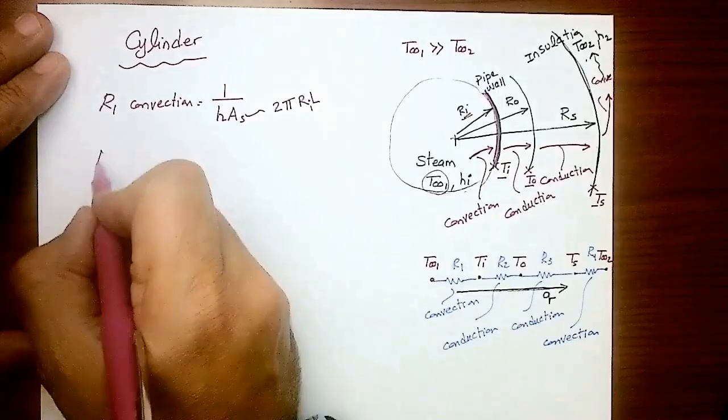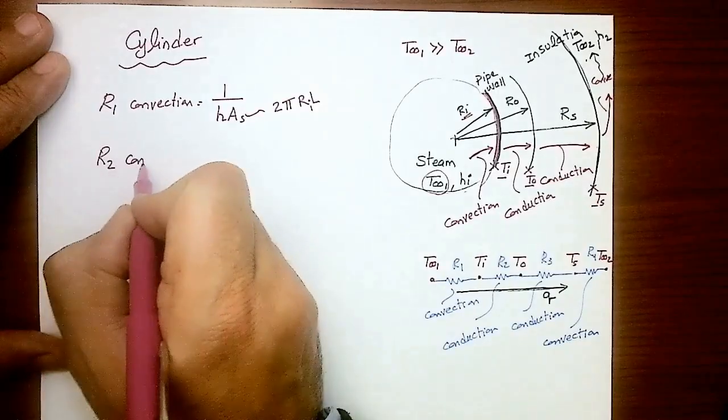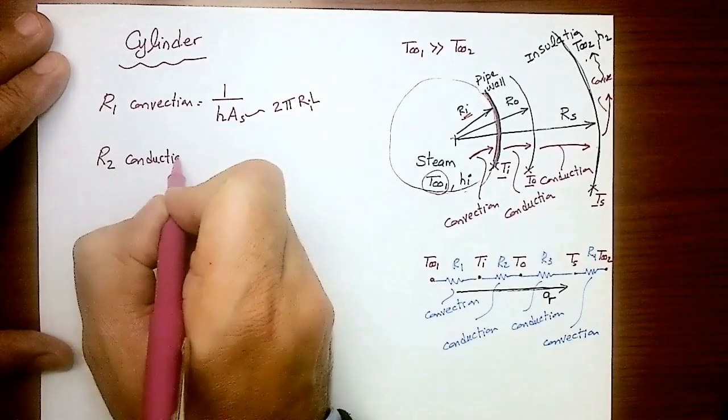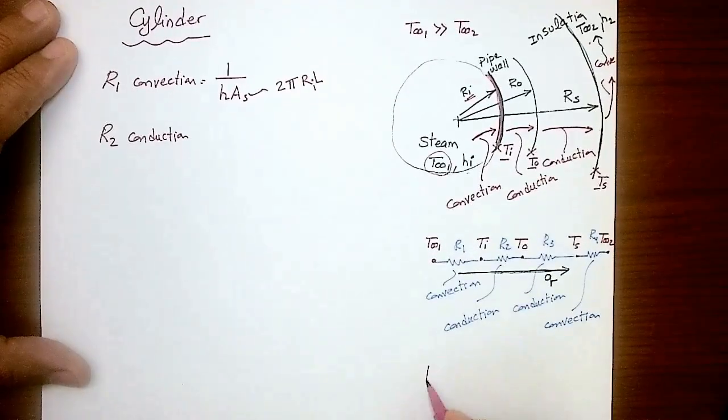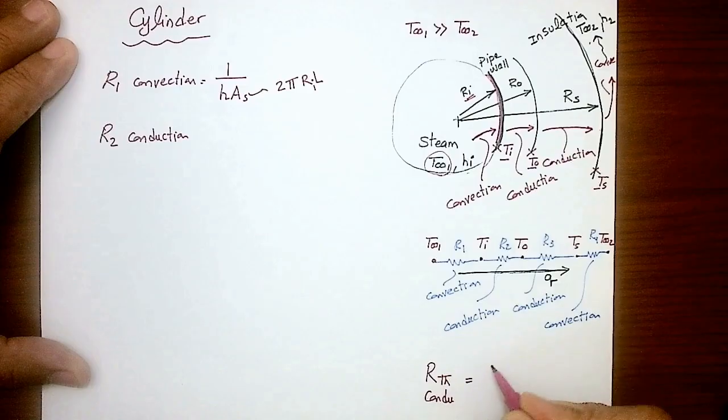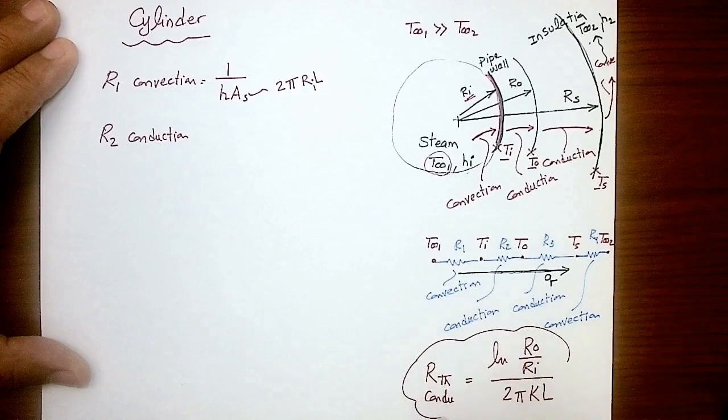What about R2? R2 is conduction. Let me write down the general equation for the resistance conduction. R thermal conduction in a cylinder is equal to natural log of the outer radius over the inner radius divided by 2 pi k L. This is a general equation. Let's apply this equation.